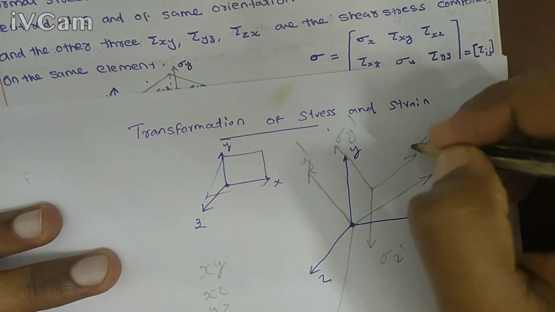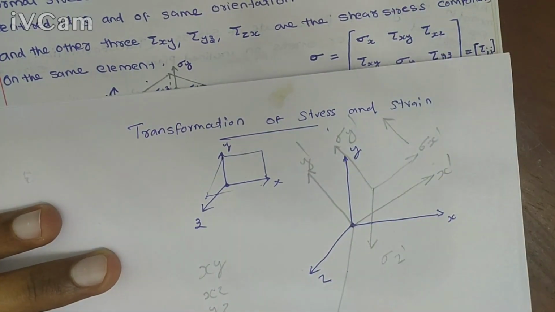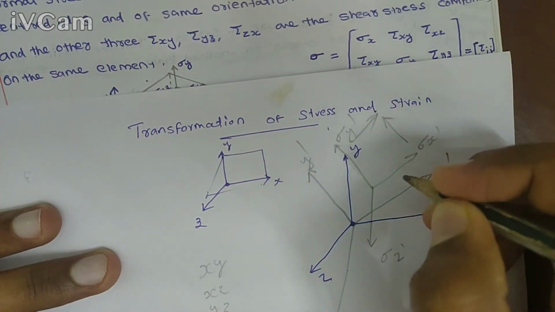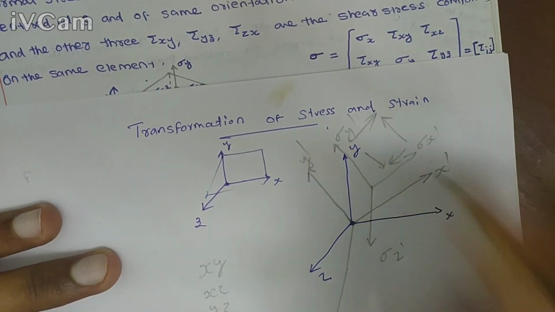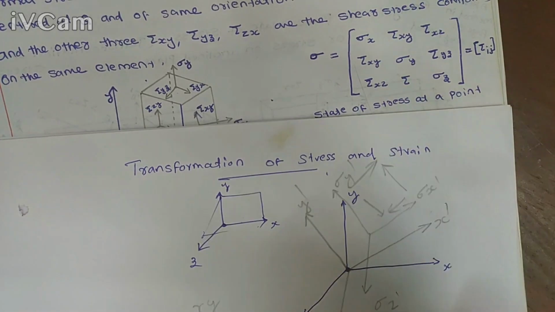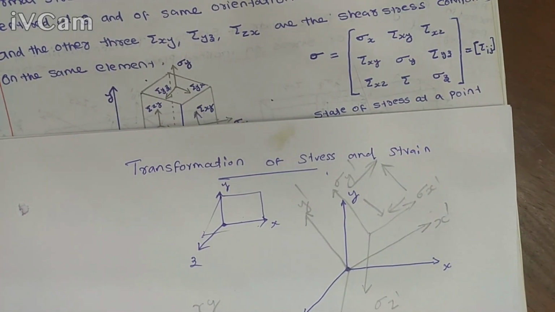Similarly, tau xy is acting in another direction. So every stress component in the stress tensor matrix will change its position. For that we use transformation of stress and strain.